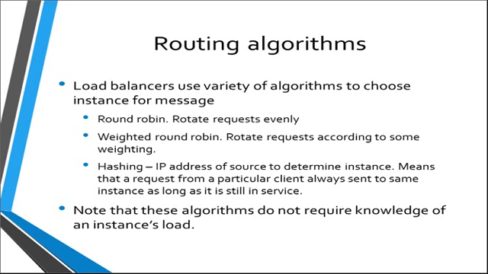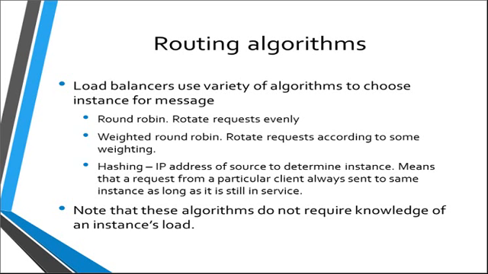And once it gets to the load balancer, there are a variety of algorithms that it uses to choose which instance. It could do round robin, just distribute the requests evenly. It could do a weighted round robin. Some servers may be faster than others, and so you would weight them by sending them more requests.